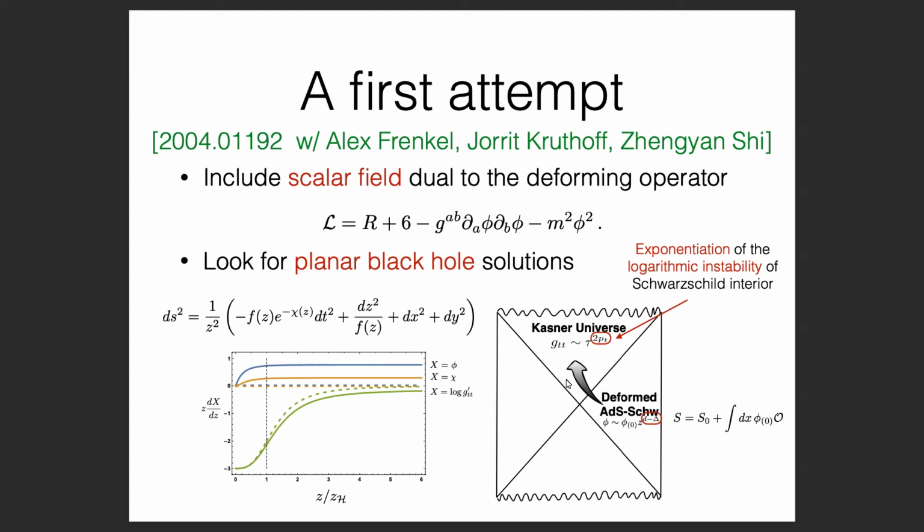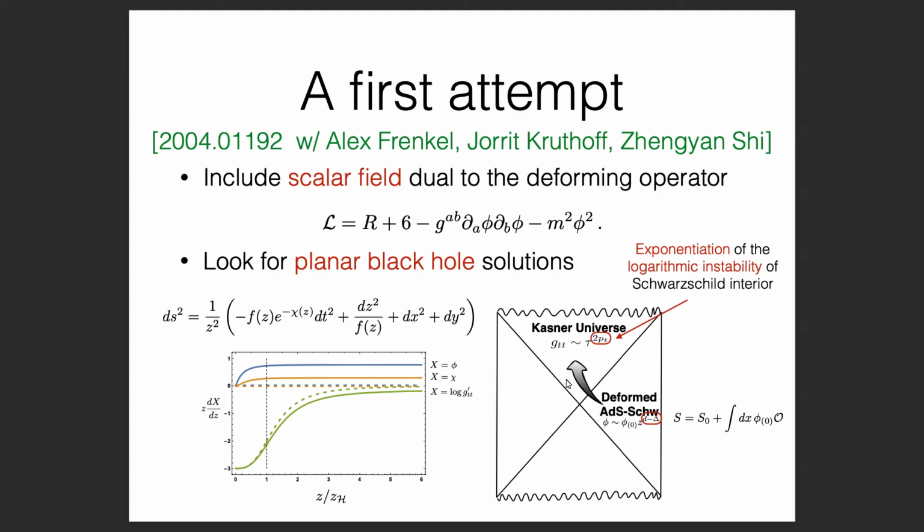Okay. What does that mean, deforming the singularity? Good question. All I mean is that in Schwarzschild, I may be able to write it down. Schwarzschild is something like this.